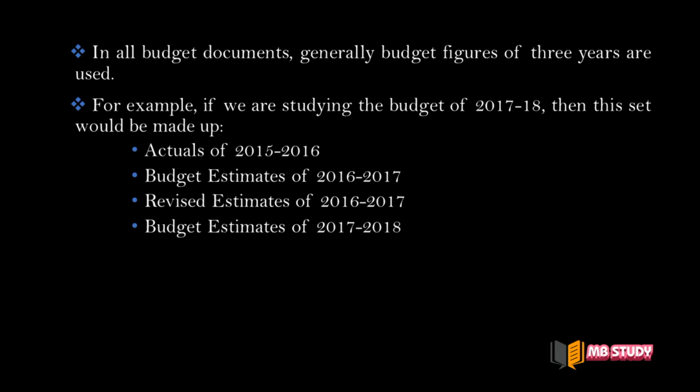For example, if we are studying the budget of 2017 to 18, then this set would be made up of: Actuals of 2015 to 16. Budget estimates of 2016 to 17. Revised estimates of 2016 to 17. Budget estimates of 2017 to 18.